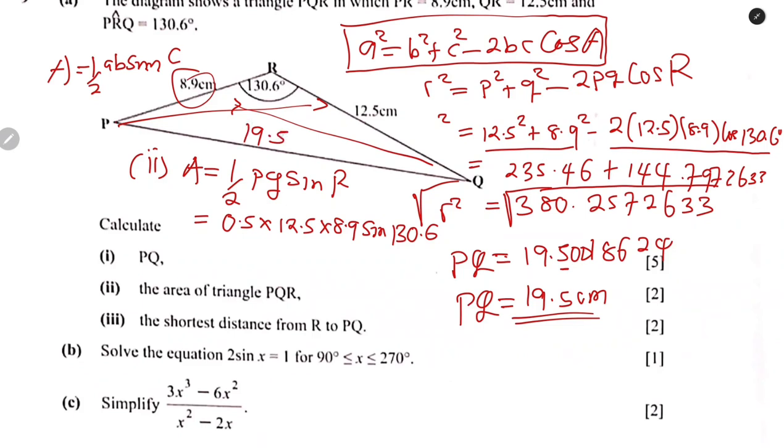These two should be the sides that make the angle the included angle. The ones that put this angle in between are the ones that you use. So you use the angle and of course the two sides.